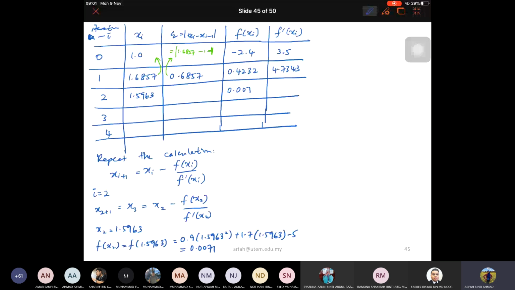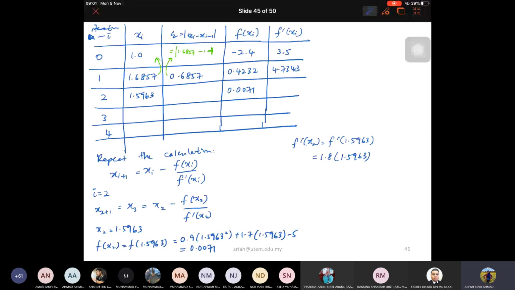Okay. So from here, dapatkan pula f prime x2. Sama dengan f prime pada point 1.5963. So tadi 1.8 darab 1.5963 tambah 1.7.